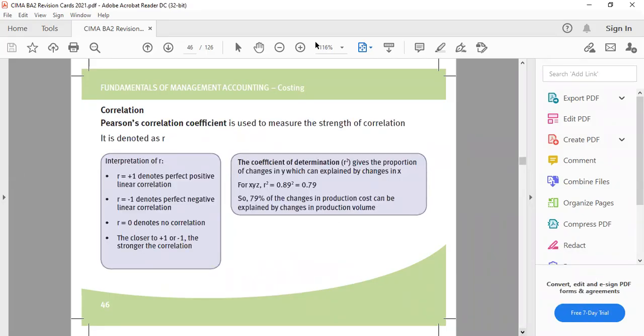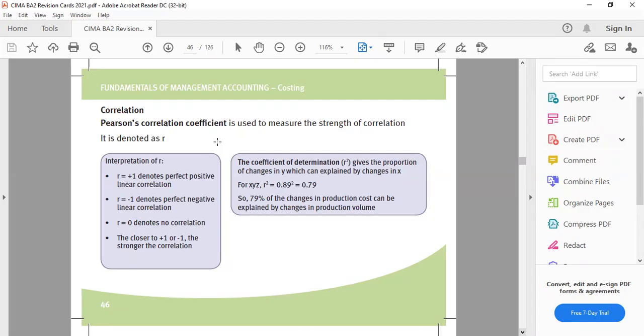Correlation is defined by a variable R. R lies between the values -1 and +1. When R is equal to +1, it denotes perfect positive linear correlation. If it is towards -1, then it is perfect negative linear correlation.